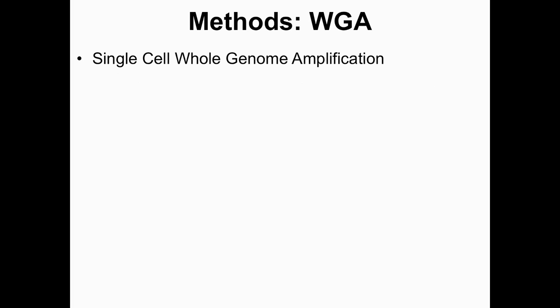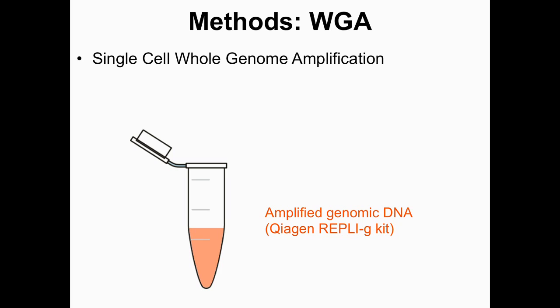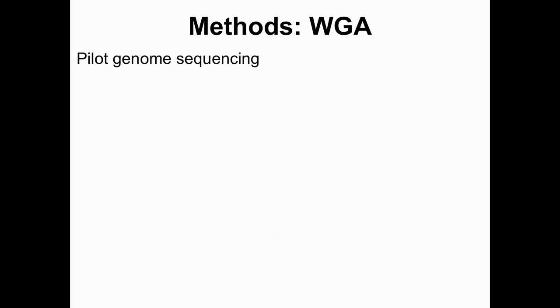For the single-cell whole genome amplification, we literally pick a single Loxodes, put it into a tube, lyse it, and amplify the genomic DNA using this QIAGEN kit. And we send it to sequence.